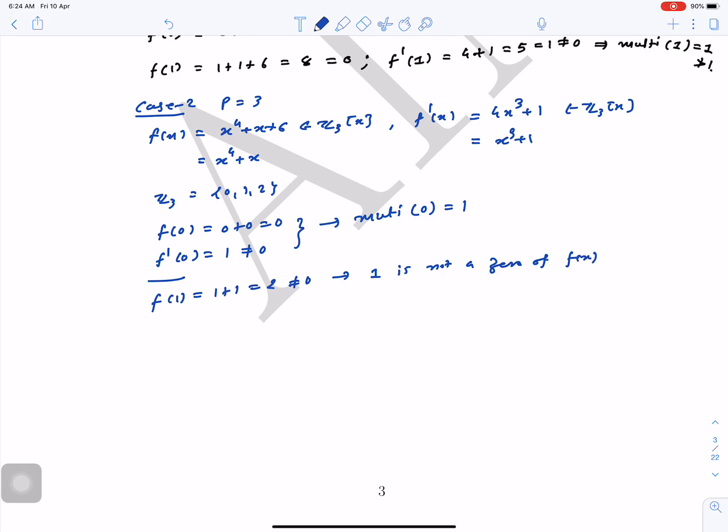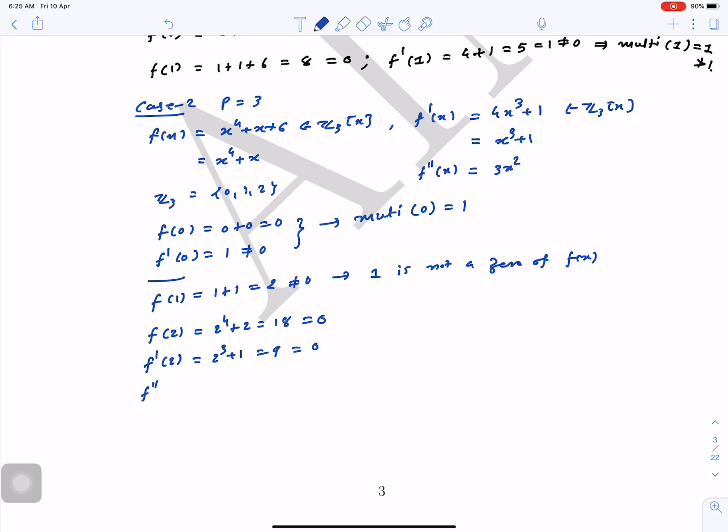Now you look at 2, so f of 2 will be 2 raised to 4 plus 2, it is 18, and 18 is 0, and f dash 2 is what? f dash 2 is 2 cube plus 1, that is 9, so that is also 0. So now we have to go for f double dash. So f double dash x will be 3x square plus 3x square.